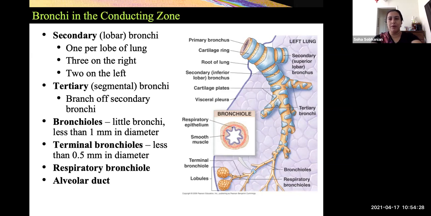And a lot of people forget, because they say laryngopharynx, they forget to put larynx in there, but larynx is still a structure. Then you have your trachea. You have your primary bronchi. And you can also refer to these as primary bronchus, that's fine, but I just use the general version.